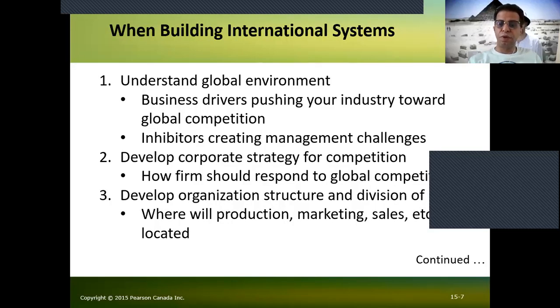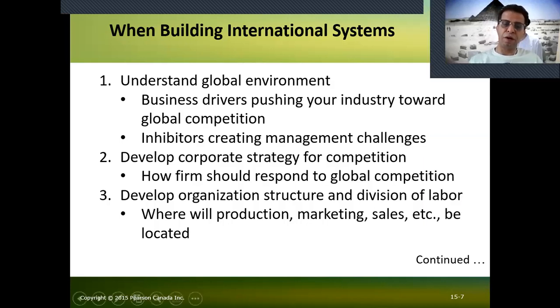So when we're building an international system, we need to understand the global environment: the business drivers pushing your industry toward global competition and the inhibitors creating management challenges. These are two things that we need to understand.